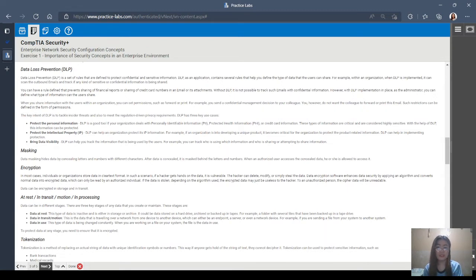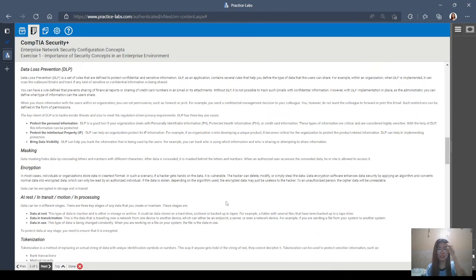You can have a rule defined that prevents sharing of financial reports or sharing of credit card numbers in an email or its attachment.